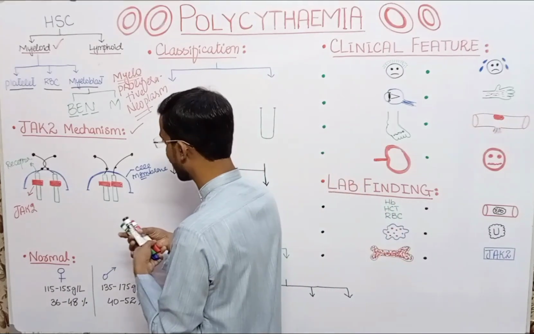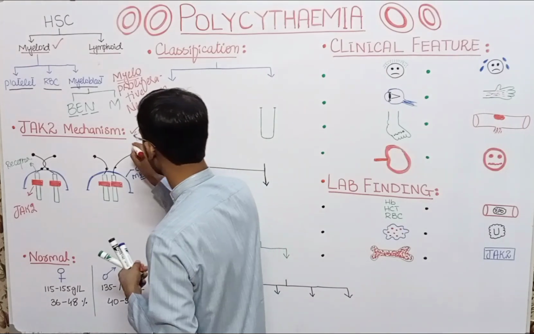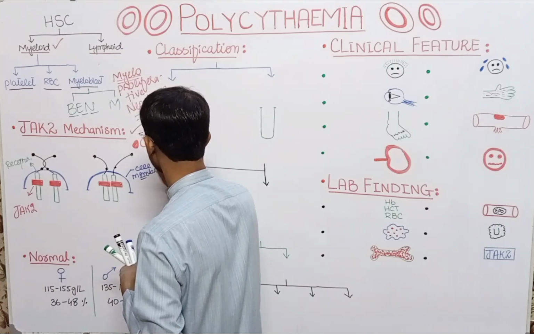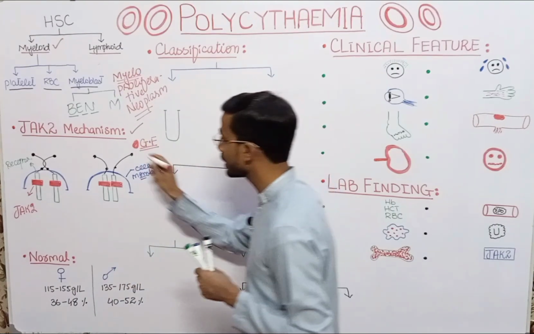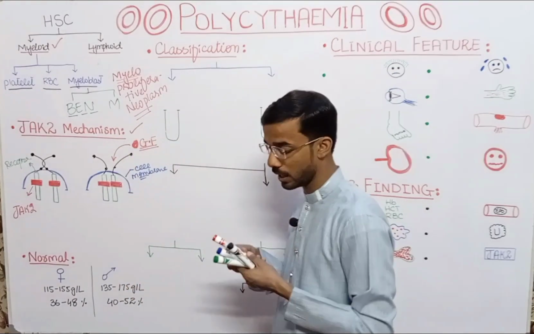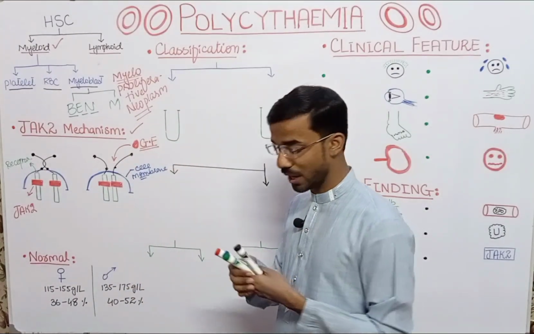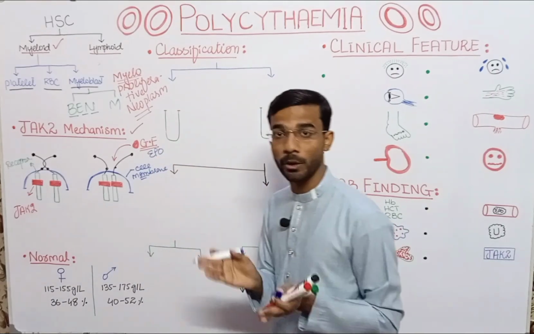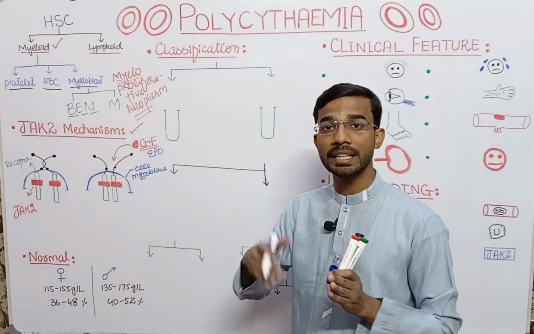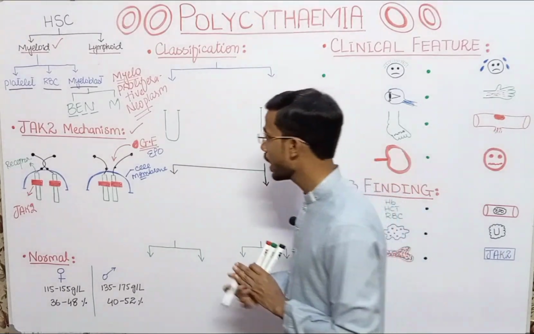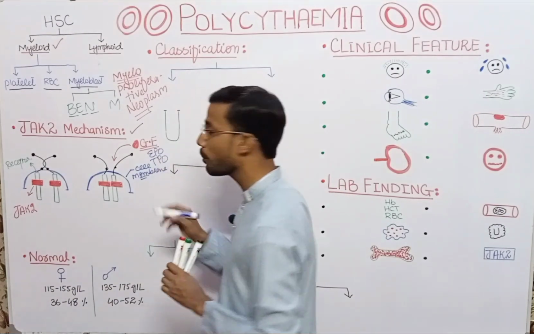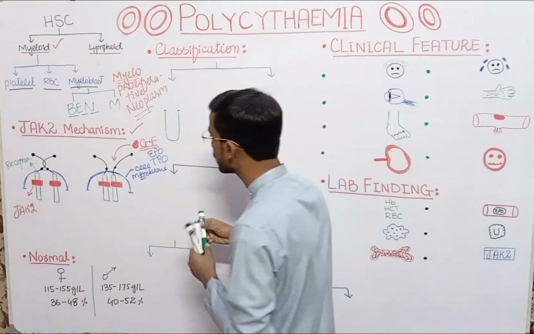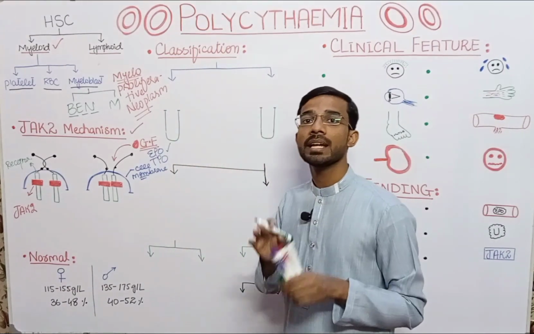Different growth factors attach to the growth receptor, like EPO, erythropoietin, which is a growth factor that increases the production of the RBCs, and TPO, thrombopoietin, which is involved in the production of the platelets. Our main focus is the EPO because we are talking about the RBCs.